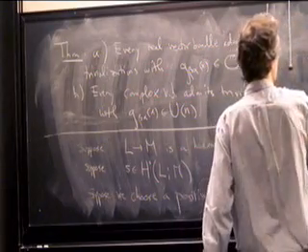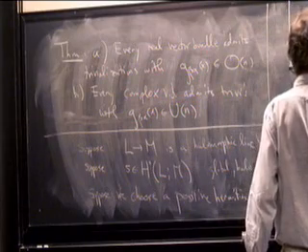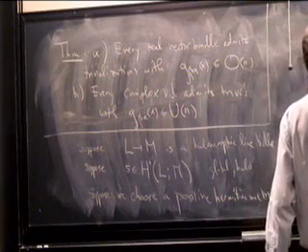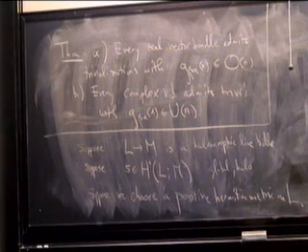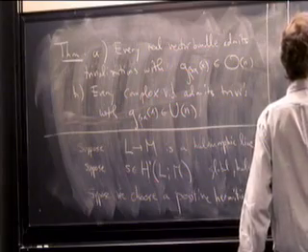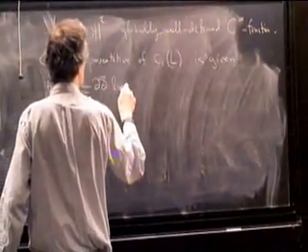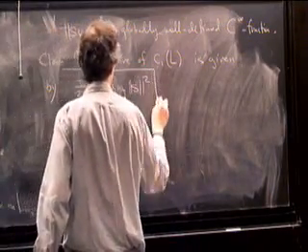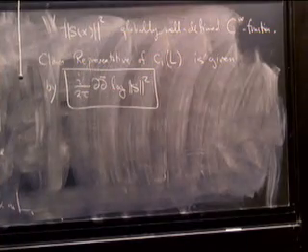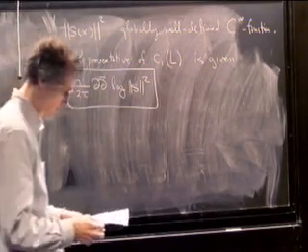I claim that a representative of the first Chern class is given by i over 2 pi dd bar of the log of the norm of s squared. Very beautiful formula. So I'll let you think about that. It's a nice little formula.